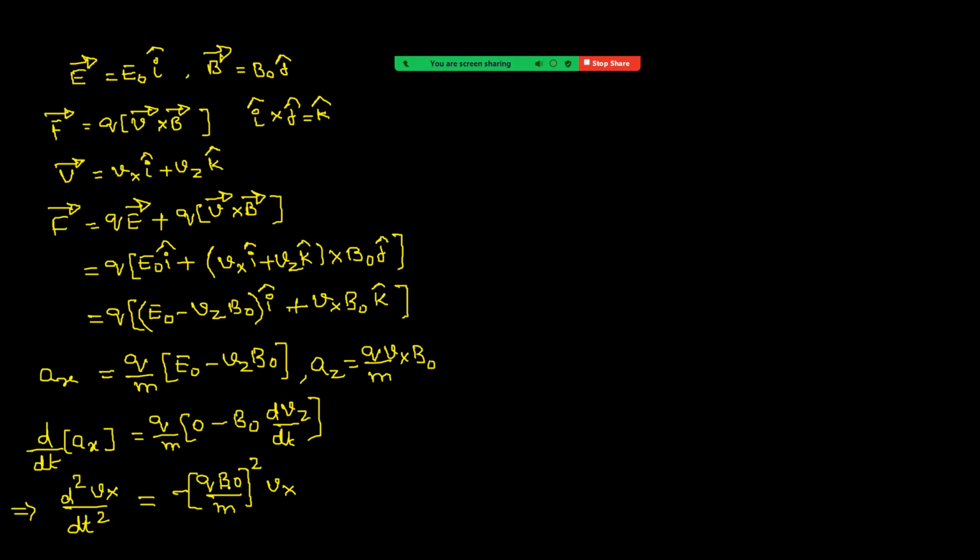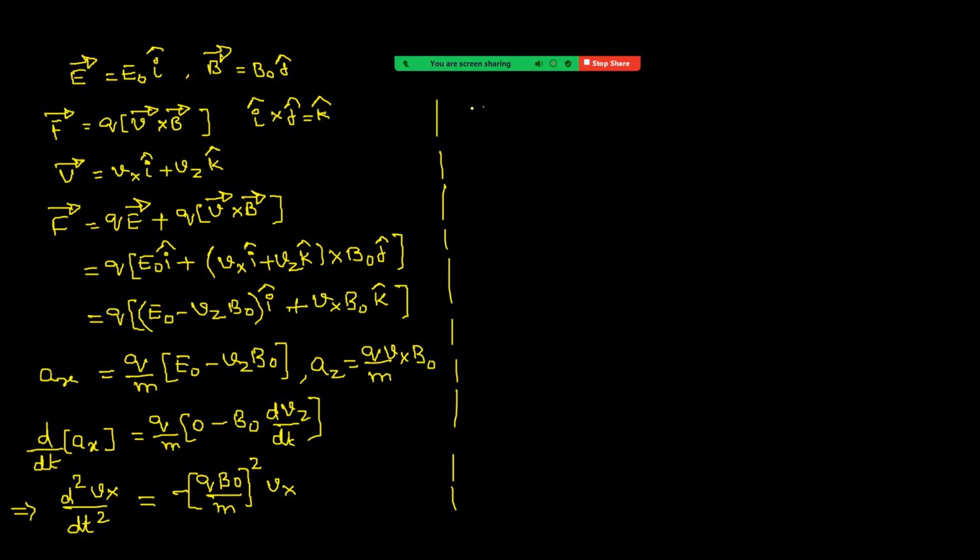See carefully, this is just like d square Vx by dt square equals minus omega square into Vx. That means the x component of velocity is changing simple harmonically.